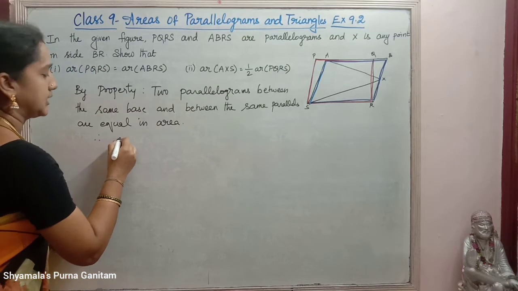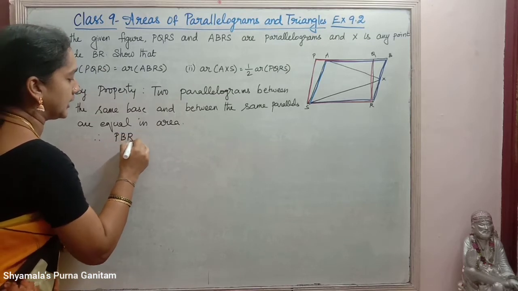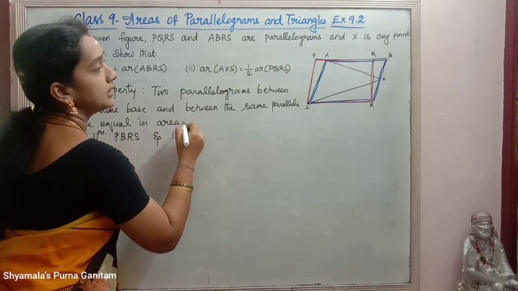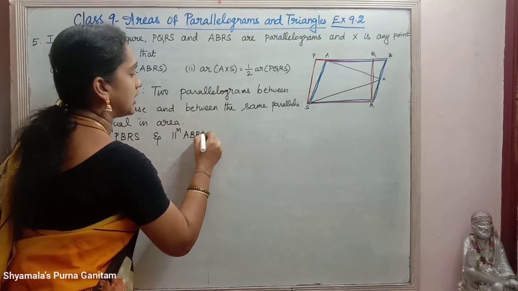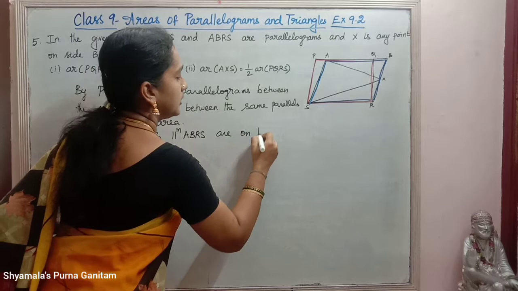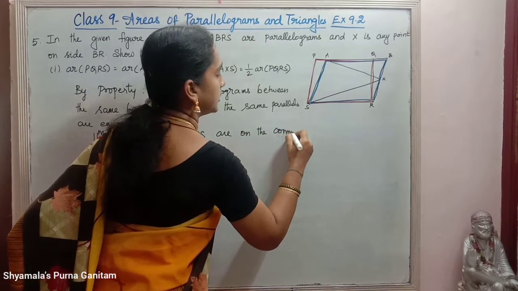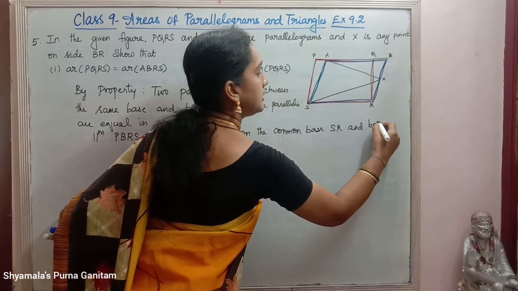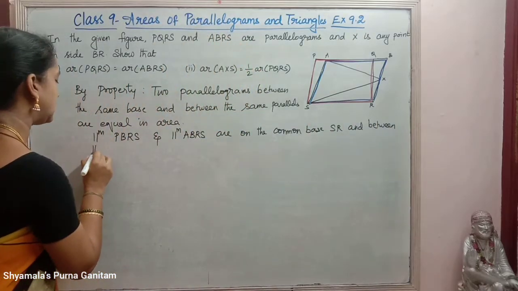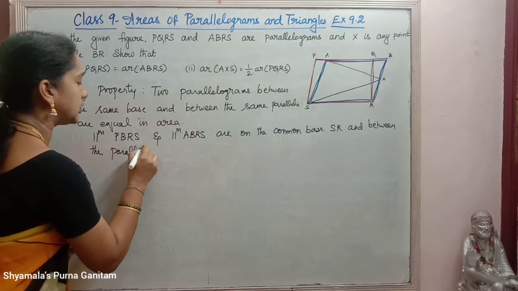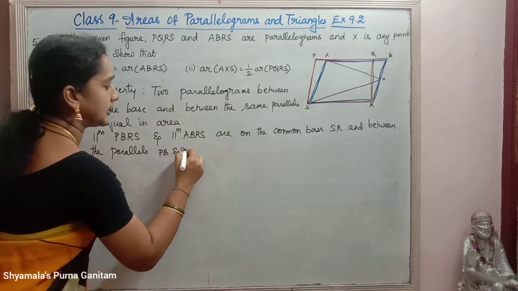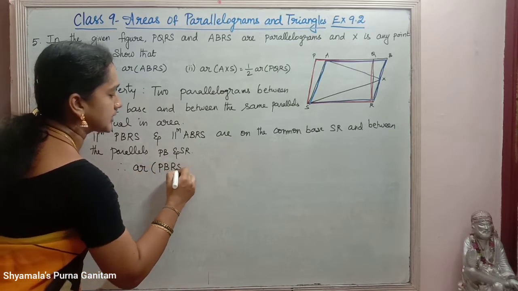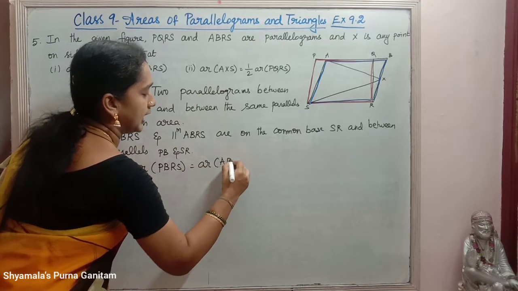Therefore parallelogram PBRS and parallelogram ABRS are on the common base SR and between the parallels PB and SR. Therefore area of PBRS is equal to area of ABRS.